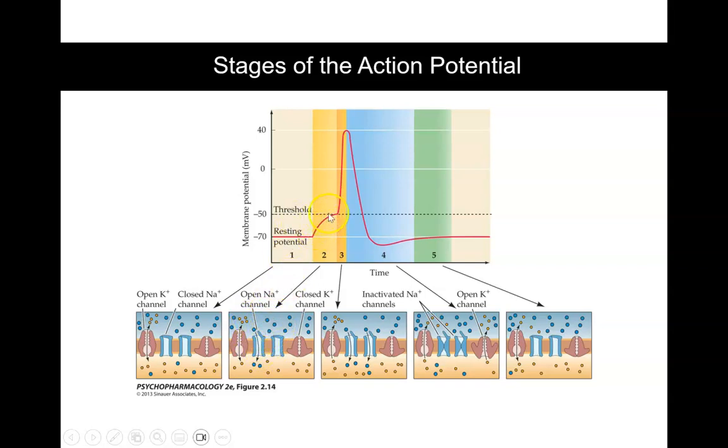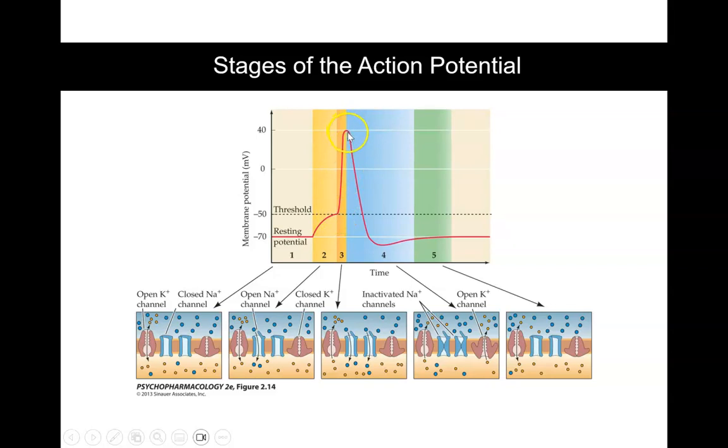But once that depolarization hits threshold, all bets are basically off. Our sodium channels are beginning to open, and sodium is going to flow inside of the cell and carry a lot of positive charge with it, basically to the point where the voltage of the cell has shifted from being negative to positive.